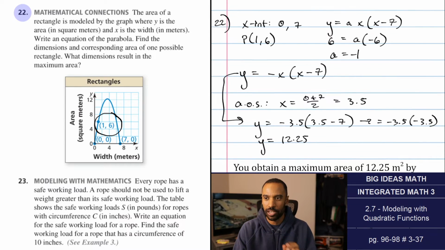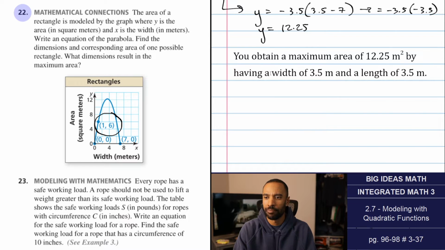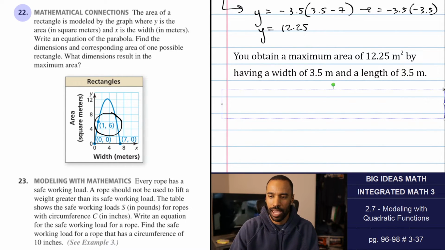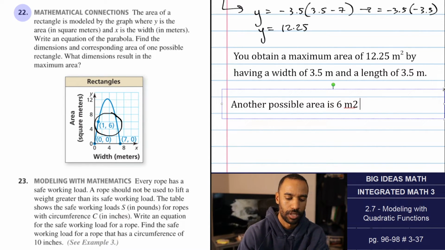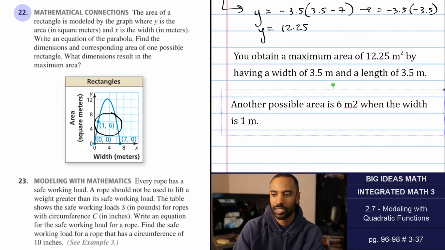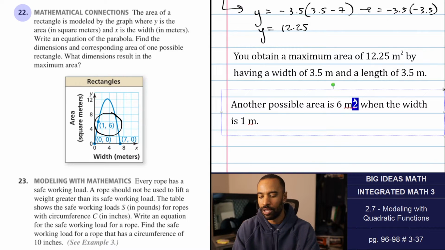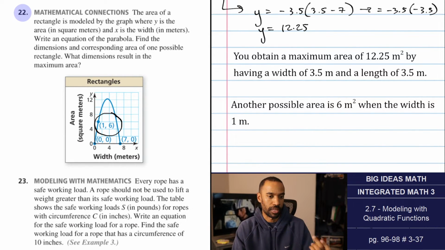Another possible area, just based on this, is 6 square meters when the width is 1 meter. That's kind of what they're telling you on that part, that when the width is 1, you get an area of 6. That's not calculating anything, that's looking at the point.